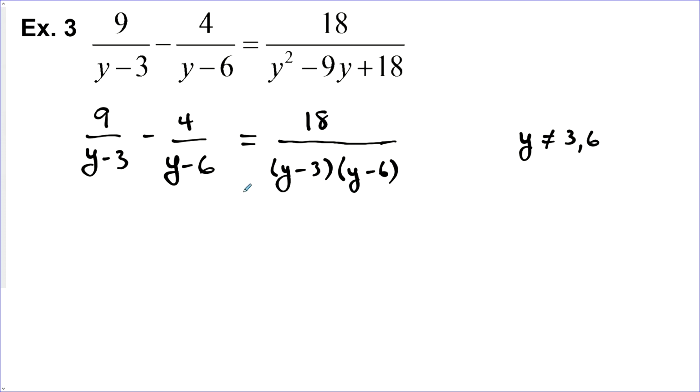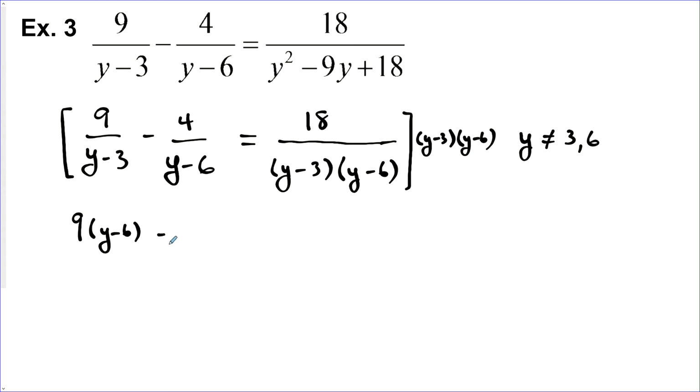Now, let's get rid of our denominator in one step. Let's multiply this whole equation by y minus 3, y minus 6. So in the first term, the y minus 3's cancel, and we're just left with a y minus 6. In the second term, the y minus 6's cancel, and I'm just left with the y minus 3.